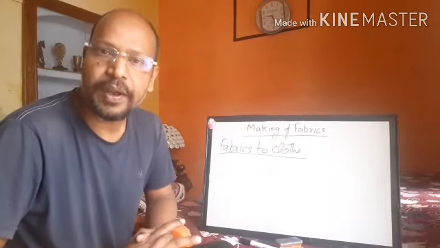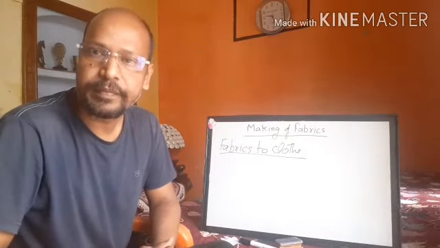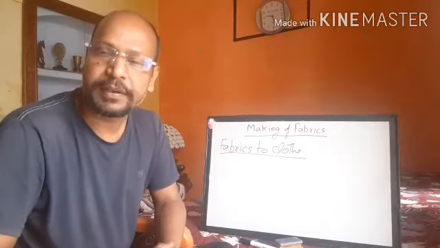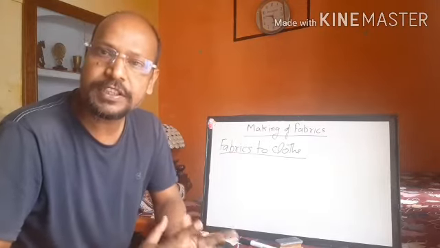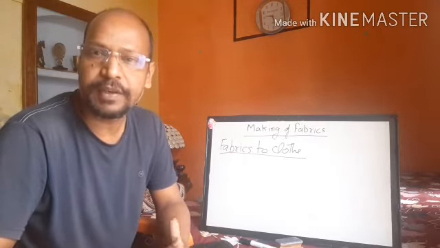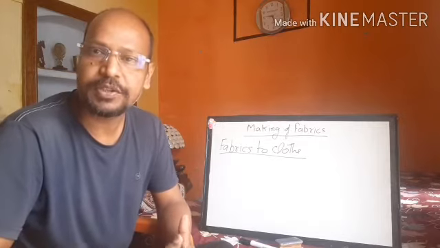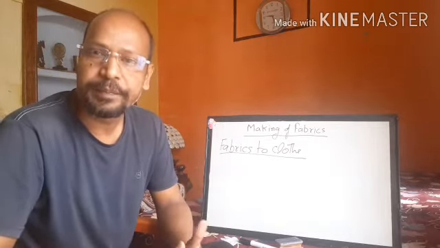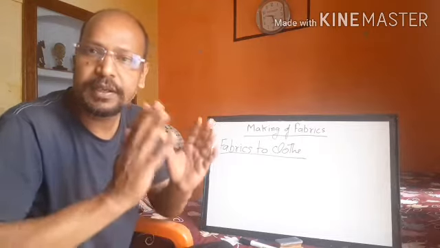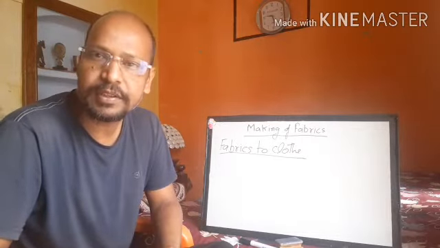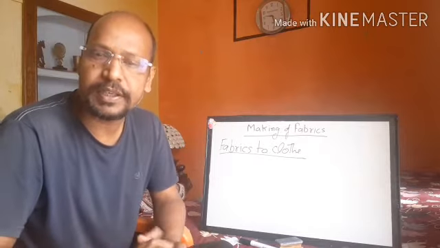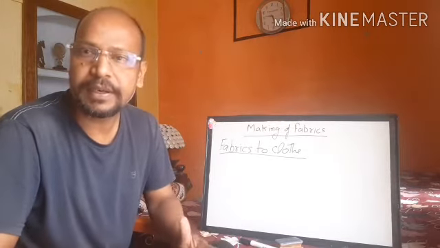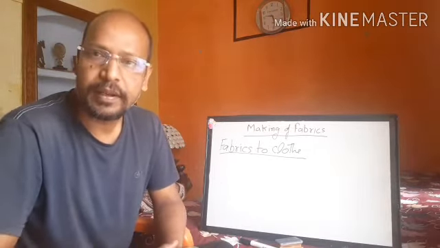Now, fabric to clothes. Pieces of fabric, when stitched together, form different kinds of clothes, like your shirt, jeans, pant and coat. These are made from different pieces of cloth stitched together. In such a way, fabric is converted into clothes.